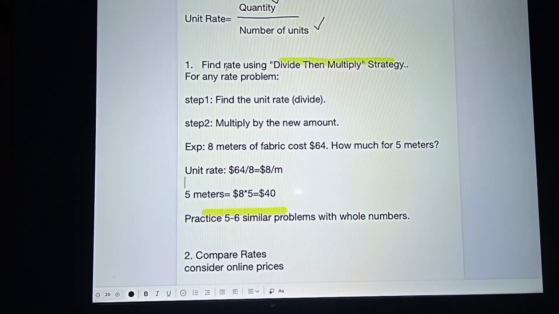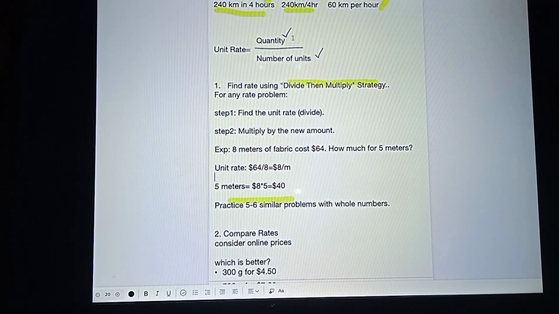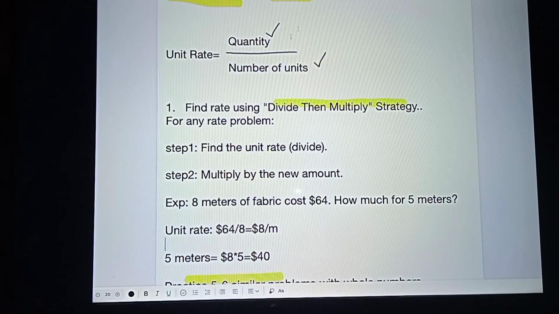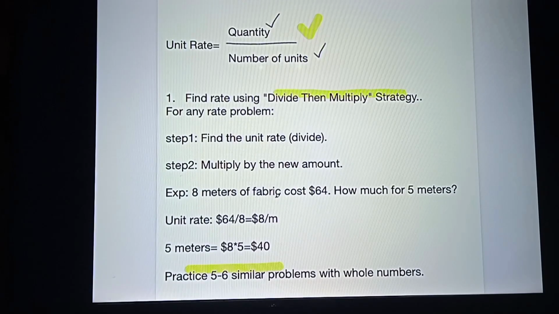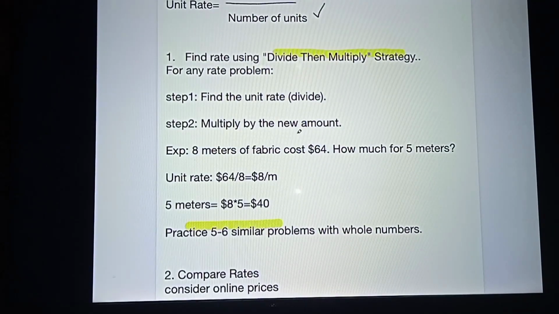Now to find rate using the divide then multiply strategy, for any rate problem, we first find the unit rate, use this formula, and then multiply the resultant unit rate by the new amount.